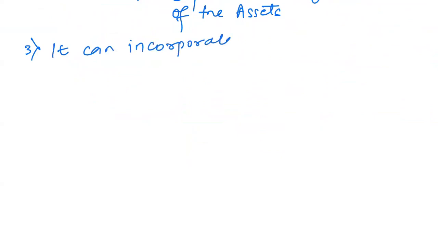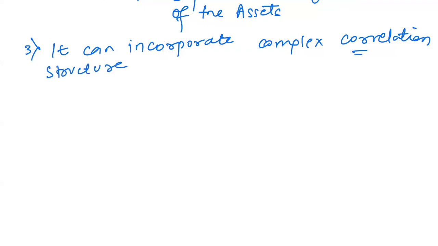If you remember the variance covariance method, we calculated the correlation between the stocks. But what if you have multiple assets? When you have different assets in your portfolio, Monte Carlo is very handy for modeling value at risk, because it can incorporate complex correlation structures between different assets in the portfolio.